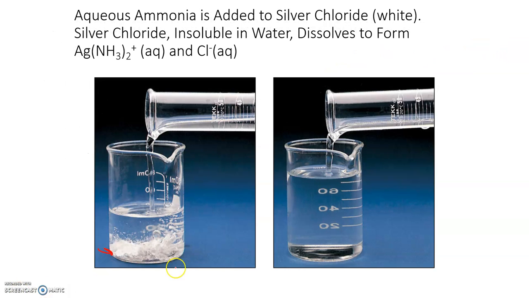So an example would be this right here. Silver chloride, chloride is not an effective base, and so the way to get that white silver chloride to dissolve is by adding some ammonia to that solution. It then forms this complex ion, which will in turn dissolve, and you can get that solid to dissolve.